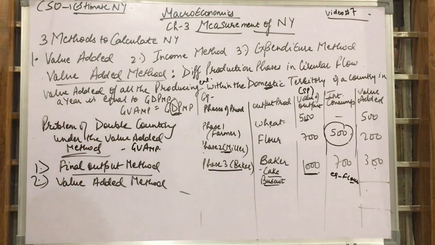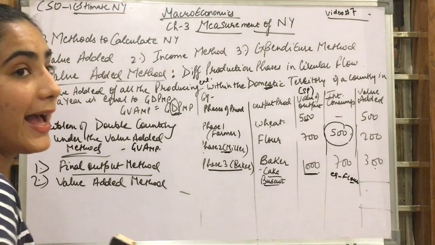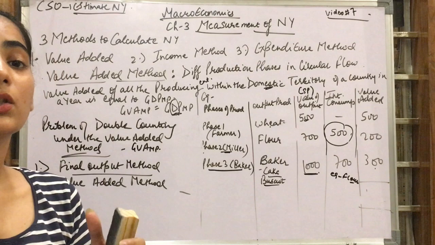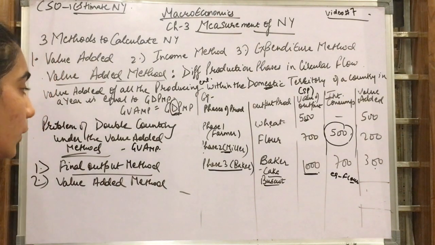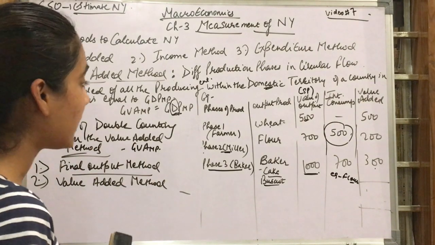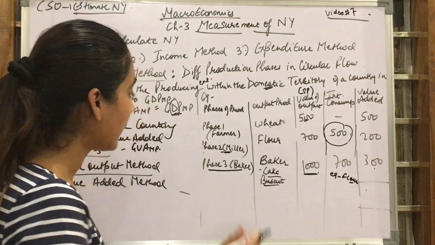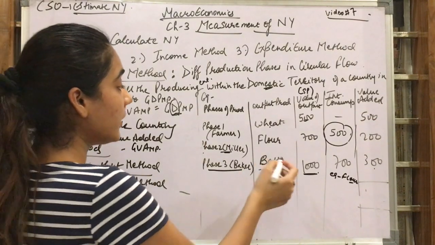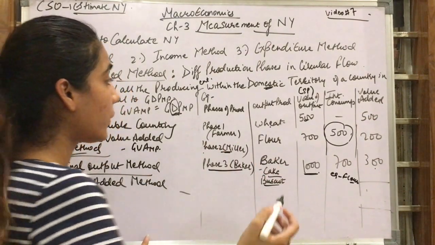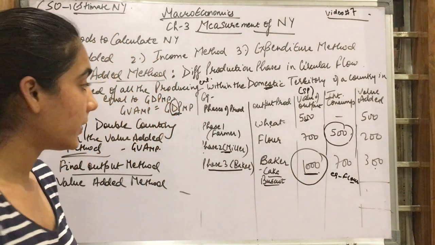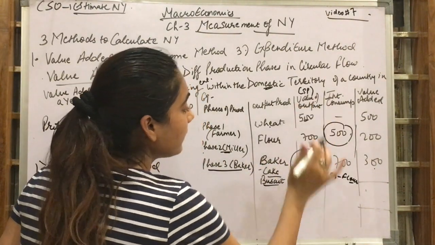Now let's talk about the final output method. The final output method is the value at which the final commodity has been sold in the market. So which is the final good? A baker is the 3rd phase, which produces cake, biscuits. So the value of output is 1000 over here.